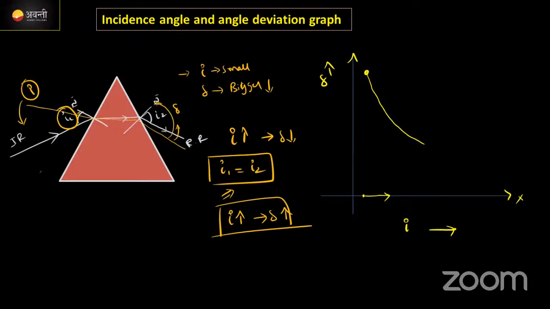At one particular point, the angle of incidence is equal to the angle of emergence. After this, if you further increase the angle of incidence, the deviation angle also keeps on increasing like this. This is a very important graph. It gives the idea about the incident angle as well as the deviation.